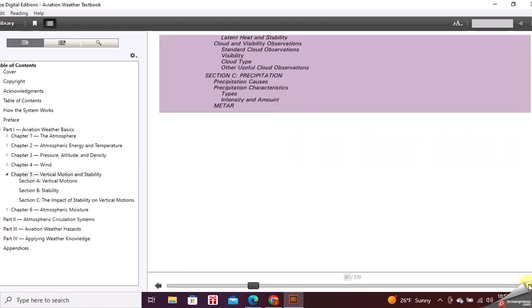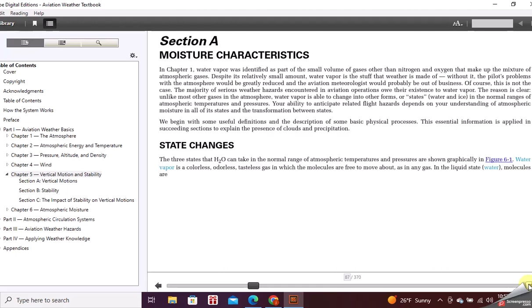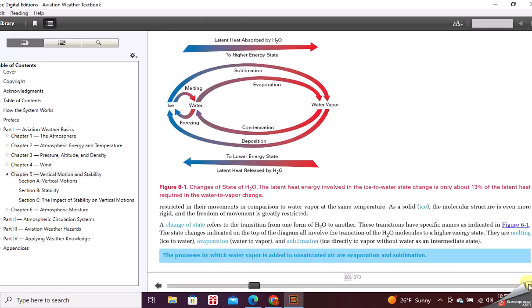So I just wanted to look quickly at moisture. We know moisture can occur in the atmosphere. It's the only gas that can change state in the atmosphere. Latent heat is released when the air goes from vapor to liquid to ice.